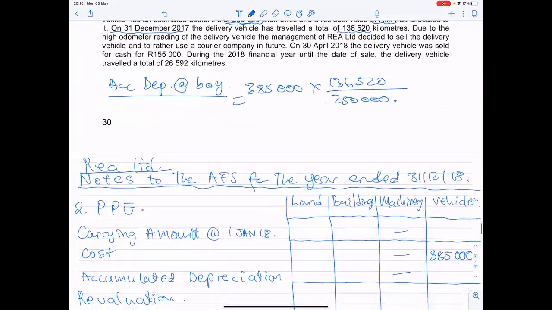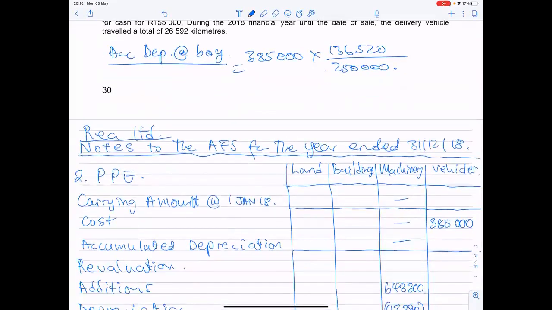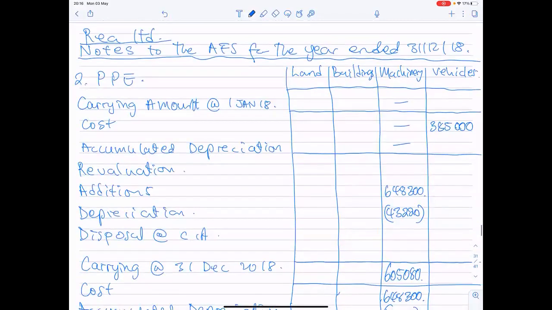Right. So our accumulated depreciation is 210,241. Are we following? Are we still there? We are here. Yes. All right, it's fine. 210,241.